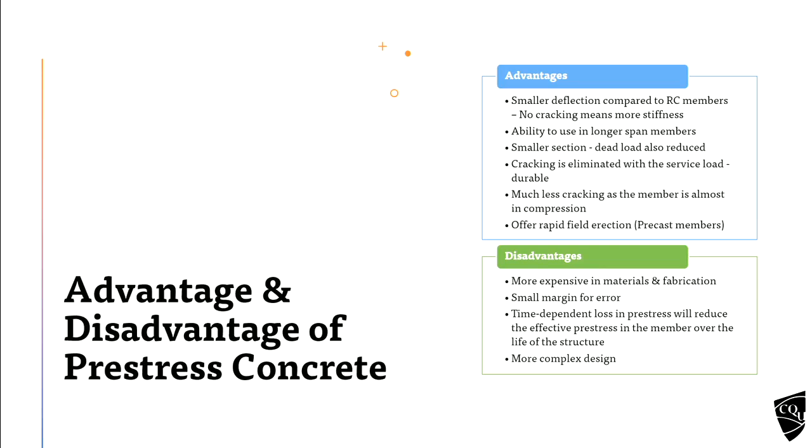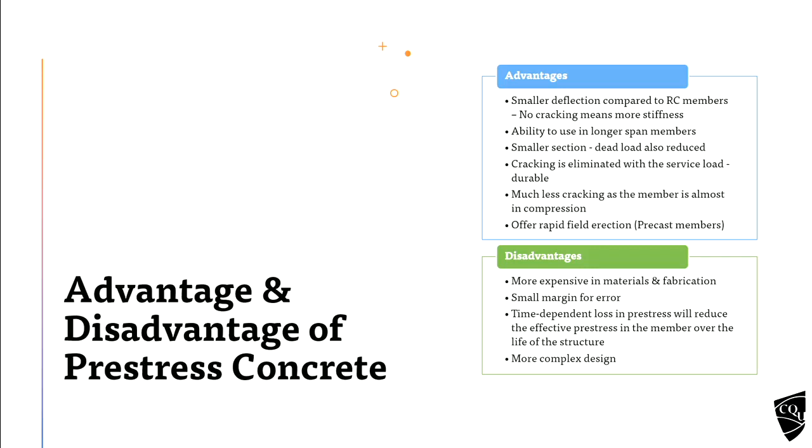That takes time. To go to the next level, you need to wait for 3 or 7 days to remove the formwork. But this one can be cast somewhere else and the beams brought to the site and assembled. So faster construction. These are the advantages. But what are the problems?